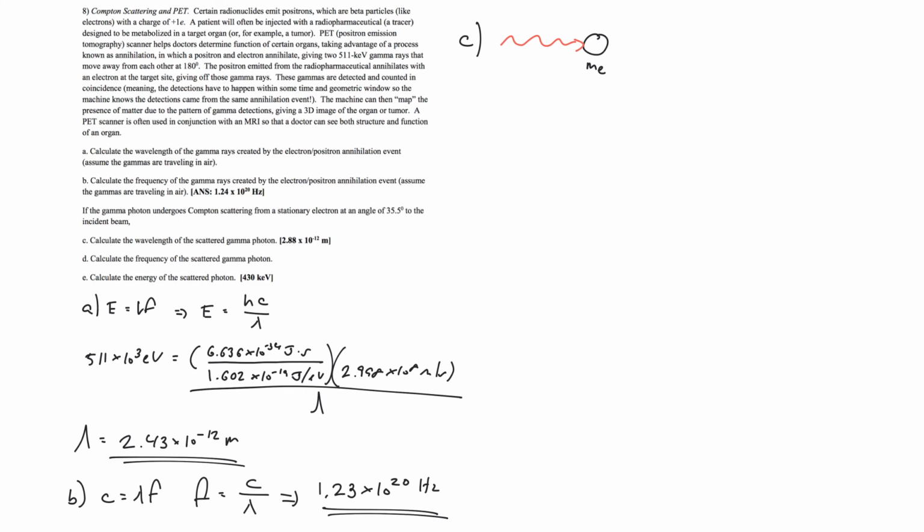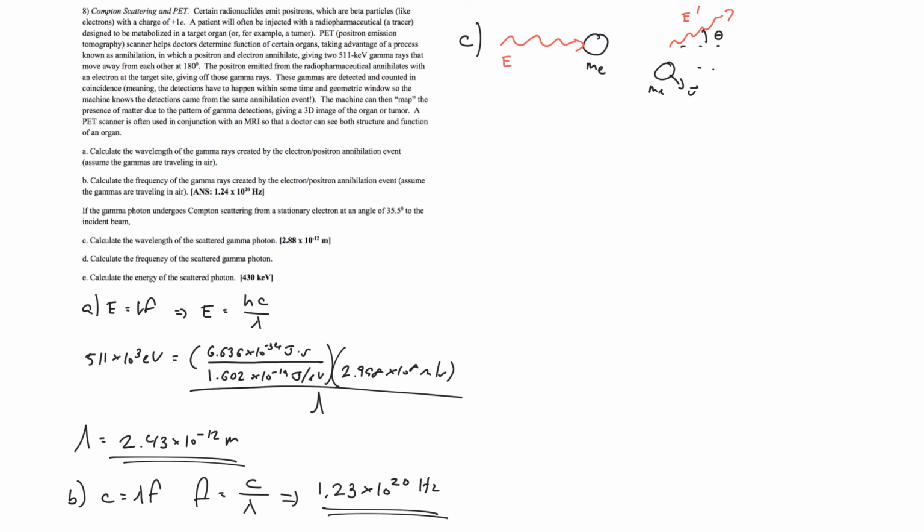This photon has momentum because it has energy, and so what we get is we get this scattering event where this photon had some energy. Now it has some scattered energy, and this is our scattering angle theta, and then this electron might move off at some other angle with some velocity.